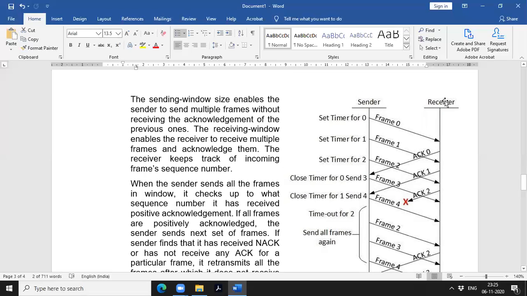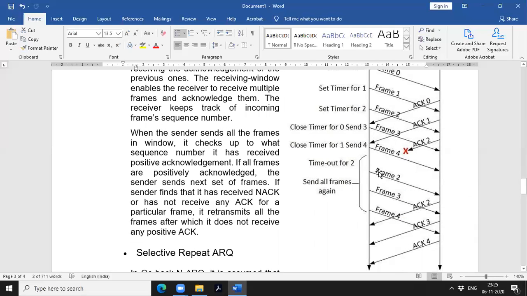Therefore the sender will retransmit frame 2, frame 3 and frame 4.